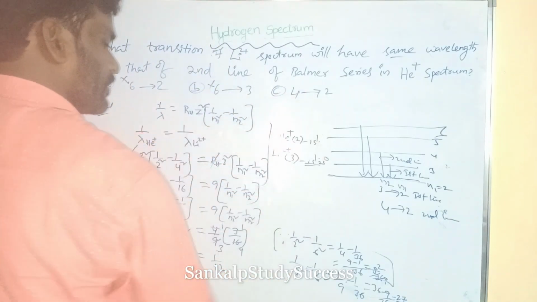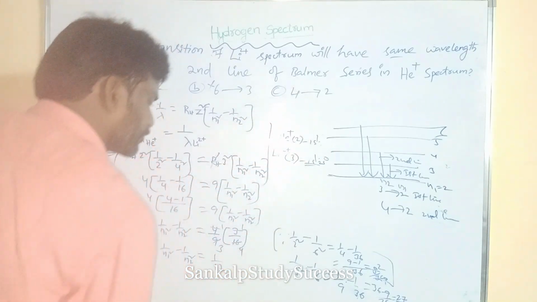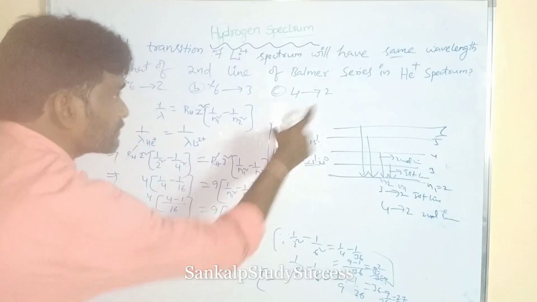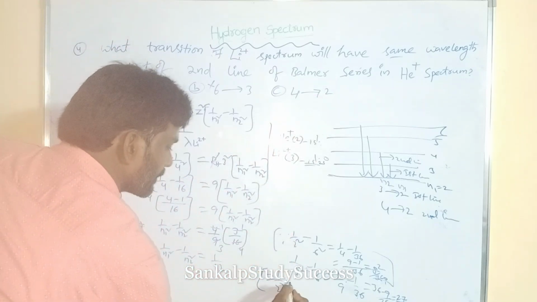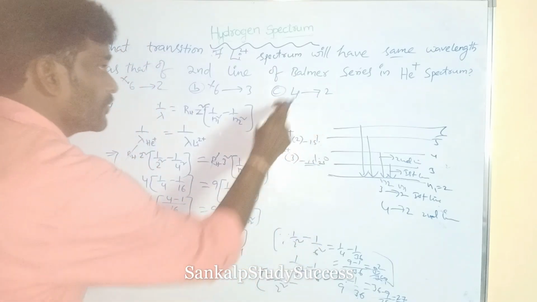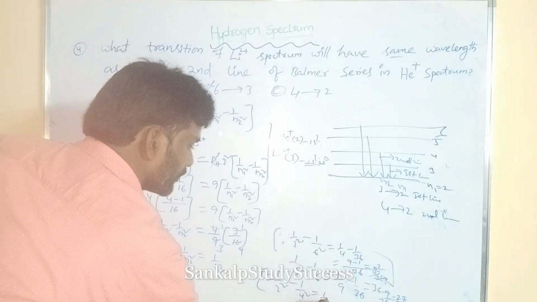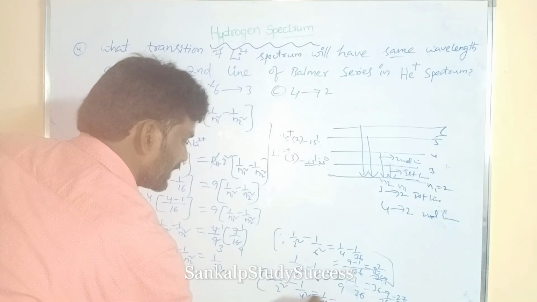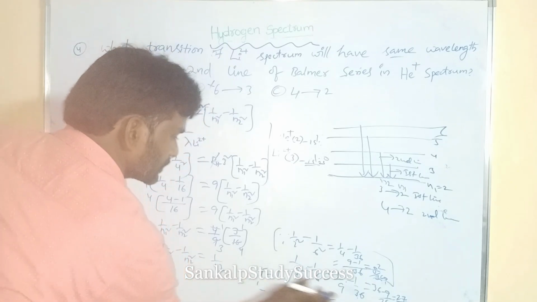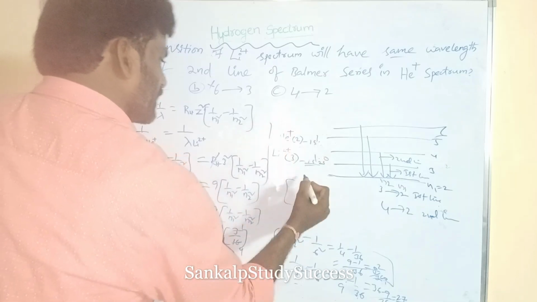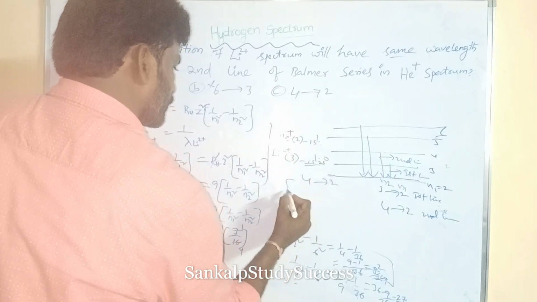Okay, last one, 4 to 2. 4 to 2 means 1 by n1 square, 1 by 2 square minus 1 by n2 square, 1 by 4 square. Right. So what is the transition? 4 to 2.